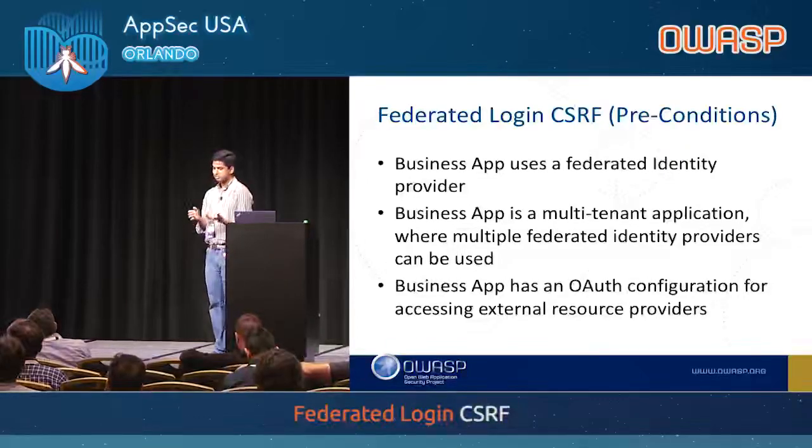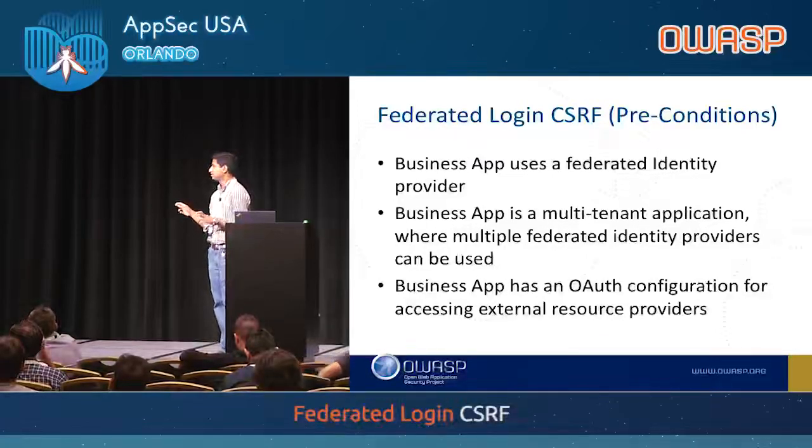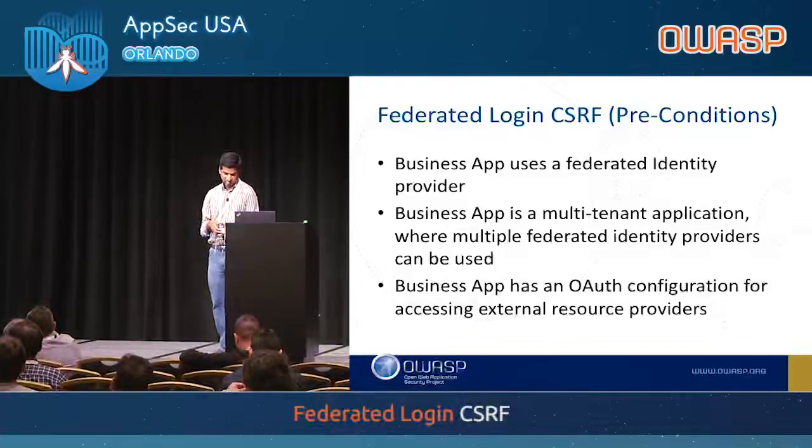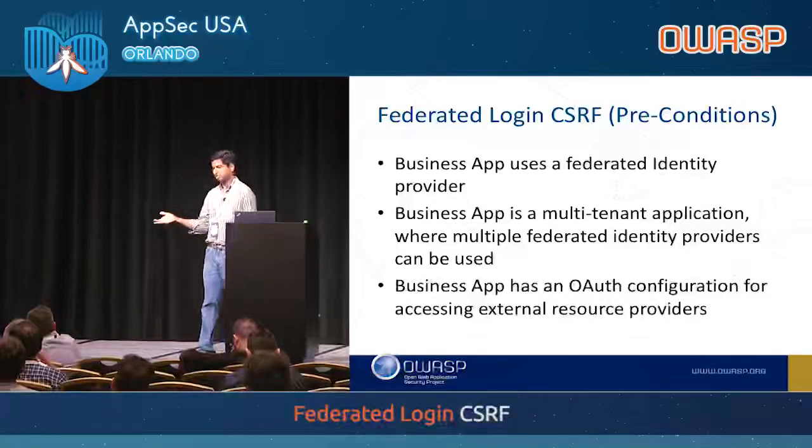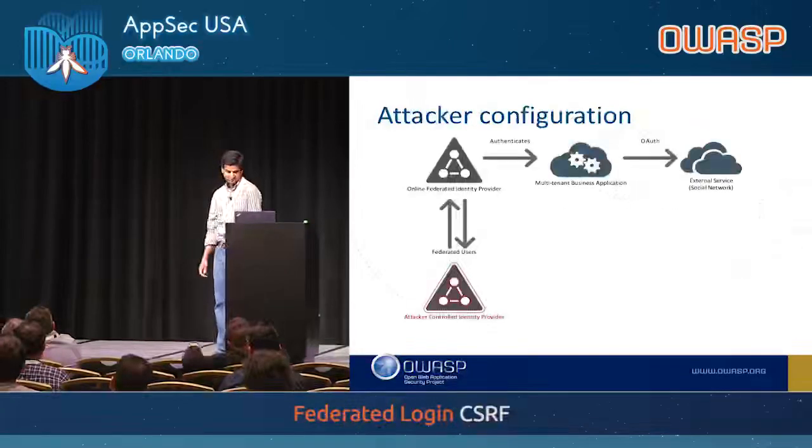Also, the business application has a connection to an external resource with a different identity. These are some of the preconditions for this kind of threat. So how would an attacker manipulate this kind of business application to achieve information disclosure or get more details from a victim?